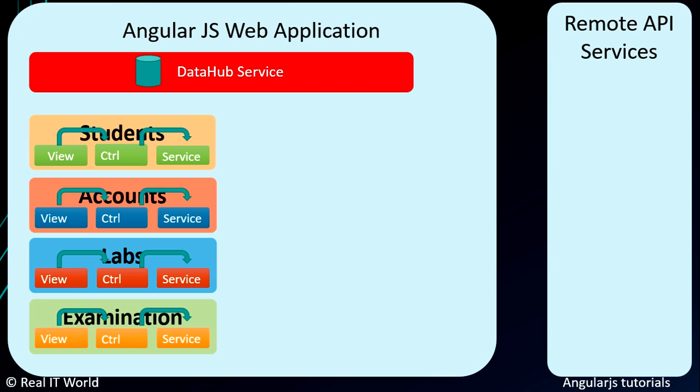So if you want to store logged-in user information to use across your application, you can store that in your data hub service. This is going to store all JavaScript objects. This is a simple Angular service only, but we are going to use it as a data storage service for our application. If you want to get data from the data hub service, you can get it. If you want to put data into your data hub service, you can put it. That is two-way communication.